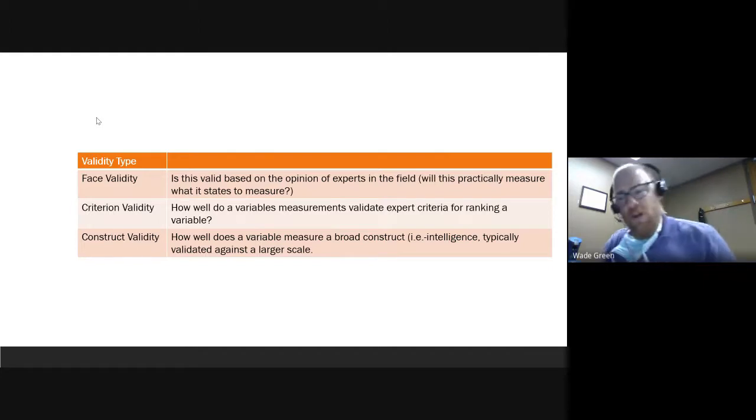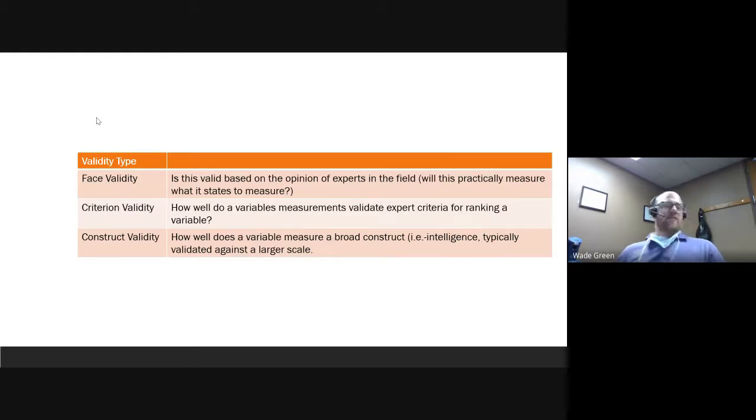Based on the opinion of experts in the field, those levels of disease, mild, moderate, or severe atherosclerosis, are described and defined based on that level of narrowing. So, a variable matching up to a criterion based on the opinion of experts.